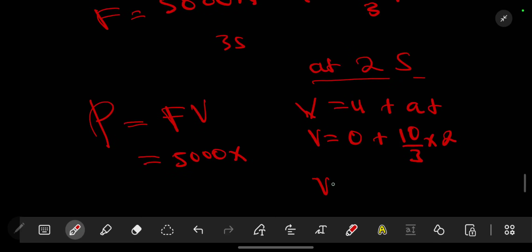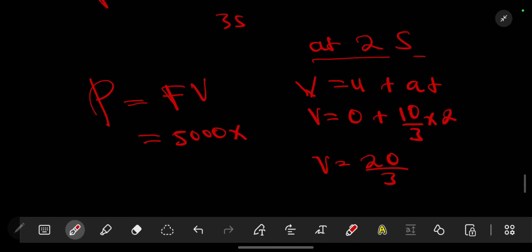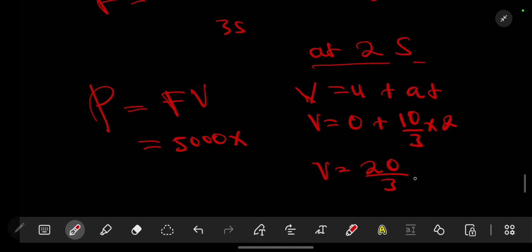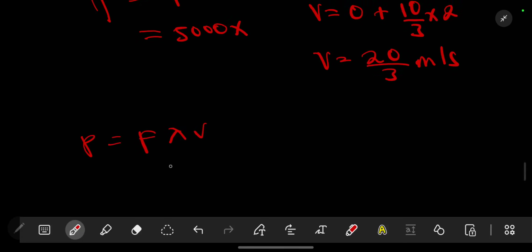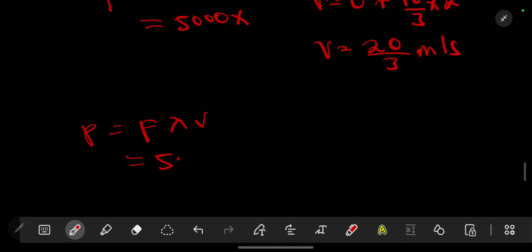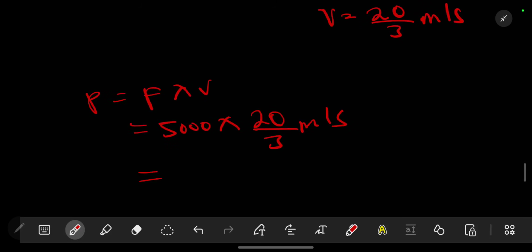So this gives us velocity is equal to 10 times 2, which is 20 over 3 meters per second as our velocity. So the power is equal to force times the velocity. Force, which is 5,000, times our velocity, which is 20 over 3 meters per second. So the power will be 5,000 times 20 divided by 3.